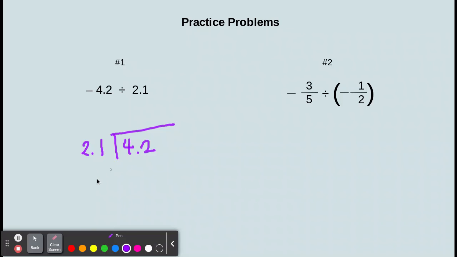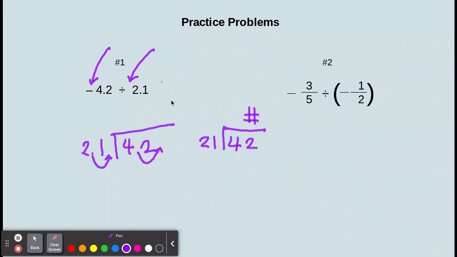Instead, I'm going to worry about moving this decimal. So then our problem becomes 42 divided by 21. Once you have your answer up here, then you need to look at your signs. You have one negative, one positive. They are different. So what should your final sign be? What goes here?